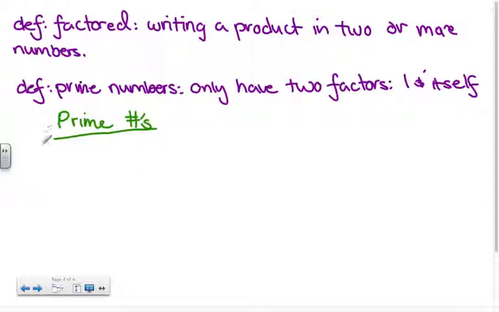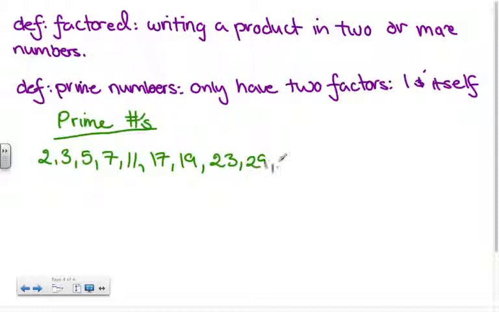Right, so your first few prime numbers are 2, 3, 5, 7, 11, 17, 19, 23, 29, 31, and 37. These are the first few prime numbers. These are not all of the prime numbers. And of course, the next one in this series would be 41 and then 43.